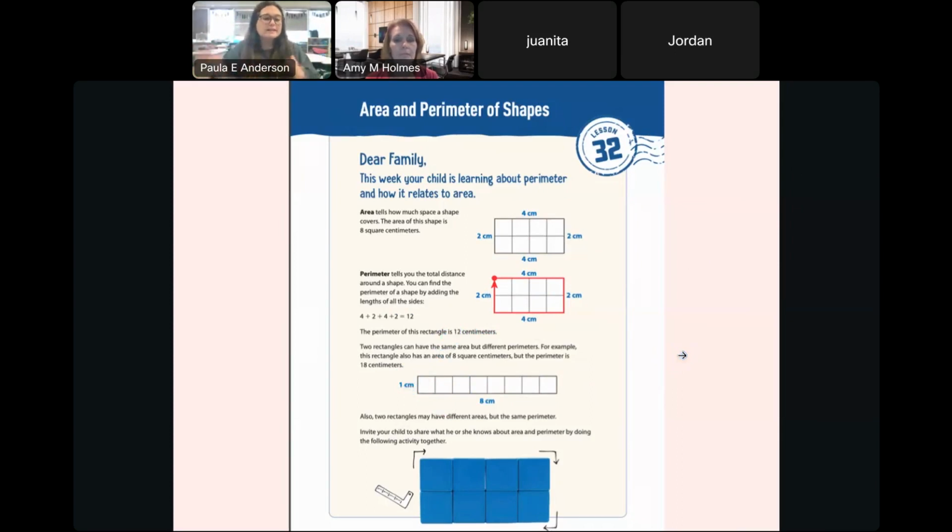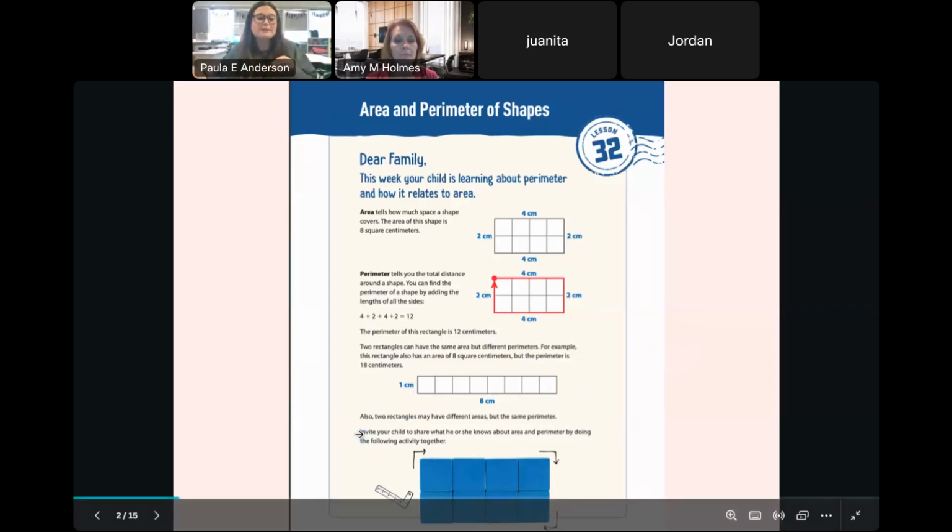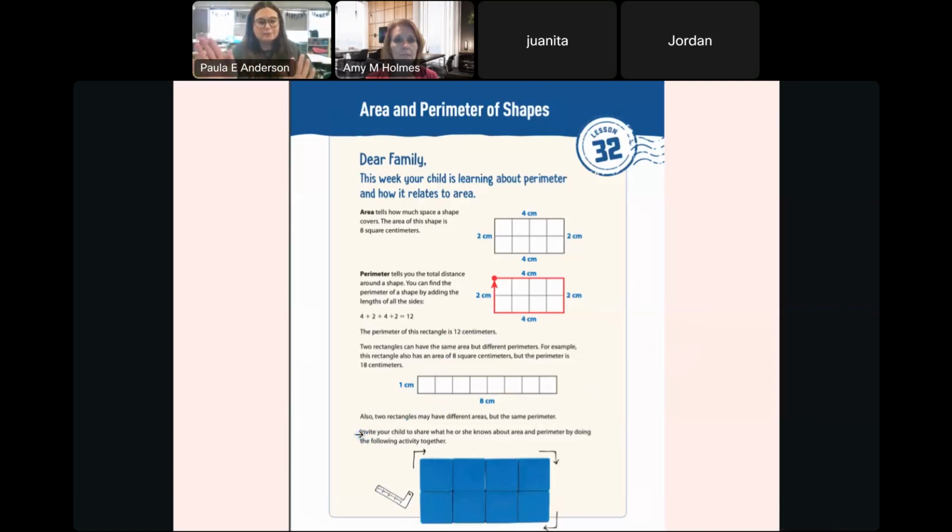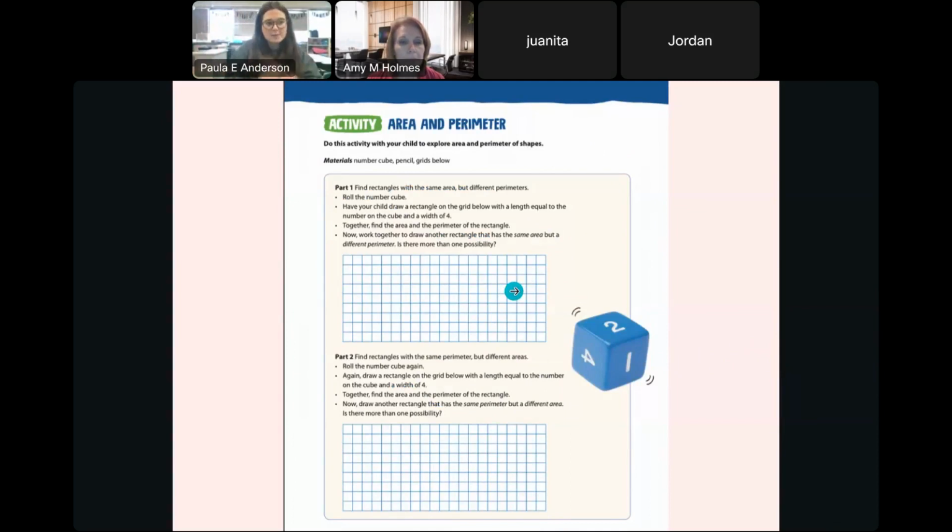Sorry, I said that backwards a second ago. 2 rectangles can have the same area, but different perimeters, and they can also have different areas and the same perimeter. So looking at how area and perimeter relate and how they change with different shapes, that's what they're digging into. There's a game on the back of the family letter.